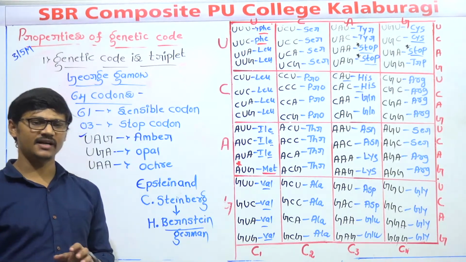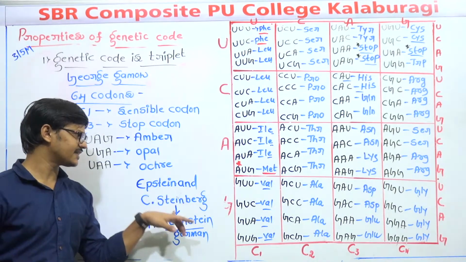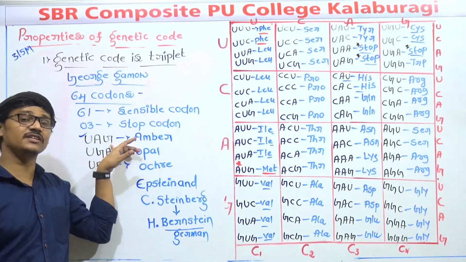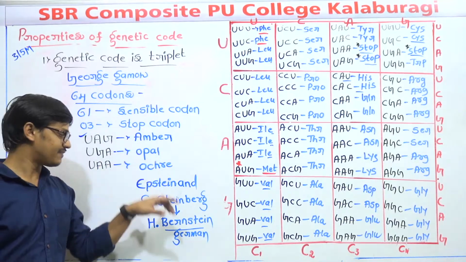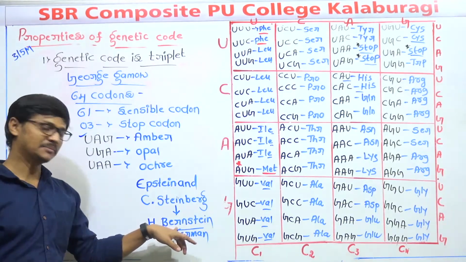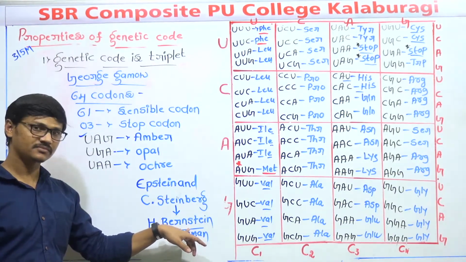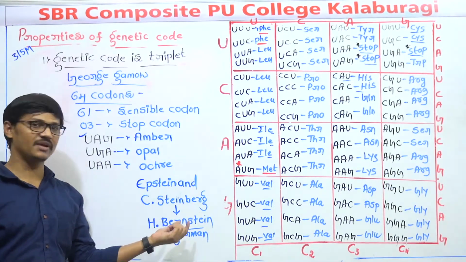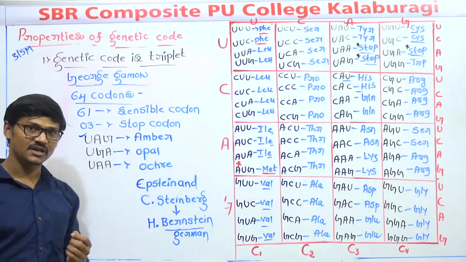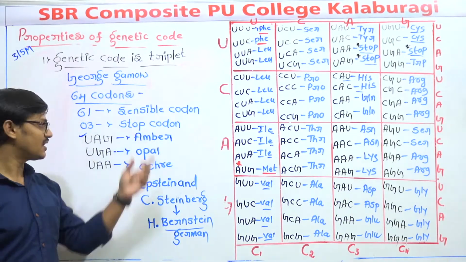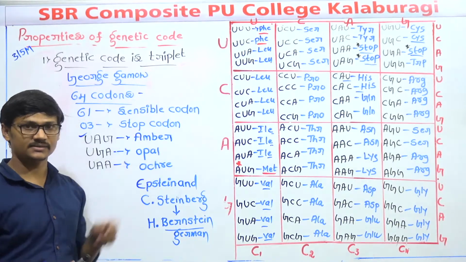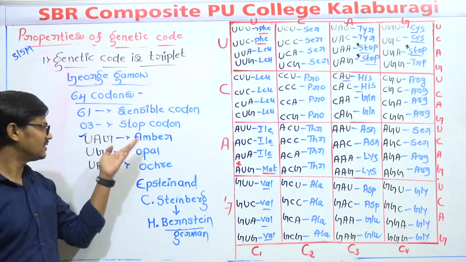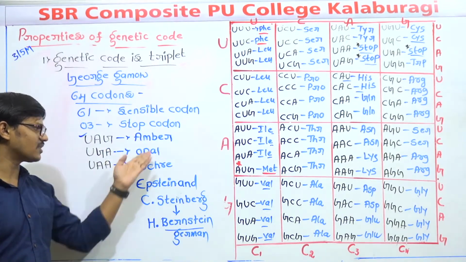So in a simple manner, these two scientists discovered the first stop codon, and they wanted to name this first codon after their friend. Their friend was Harris Bernstein, and this term Bernstein in German means amber. That's why they called it amber. And if you search in some sources, amber is a type of color. Since it is a type of color, they maintained the same pattern. They named the remaining two stop codons with a color pattern.